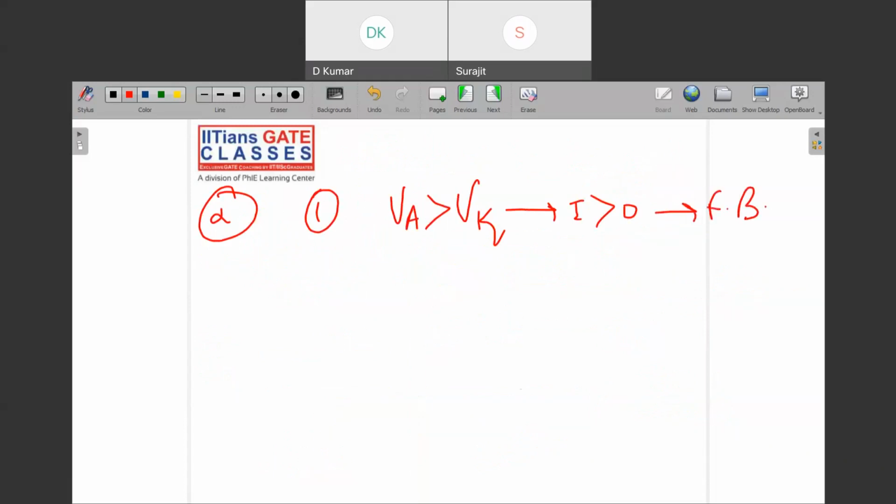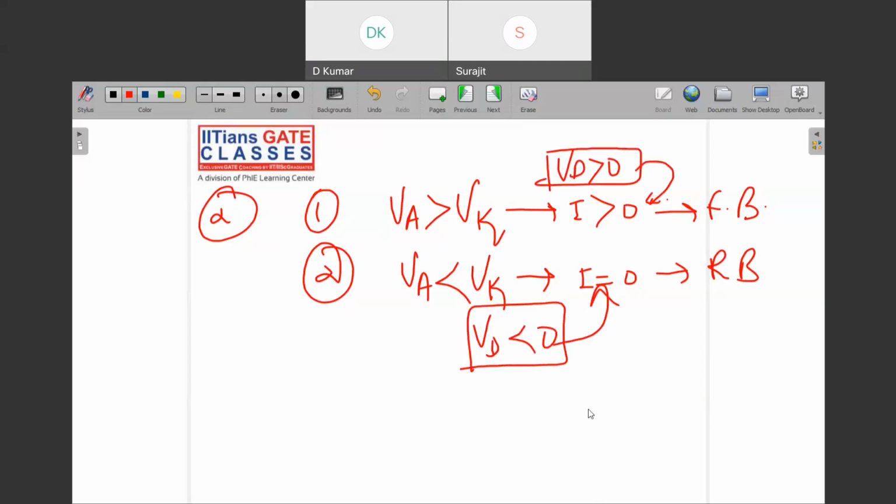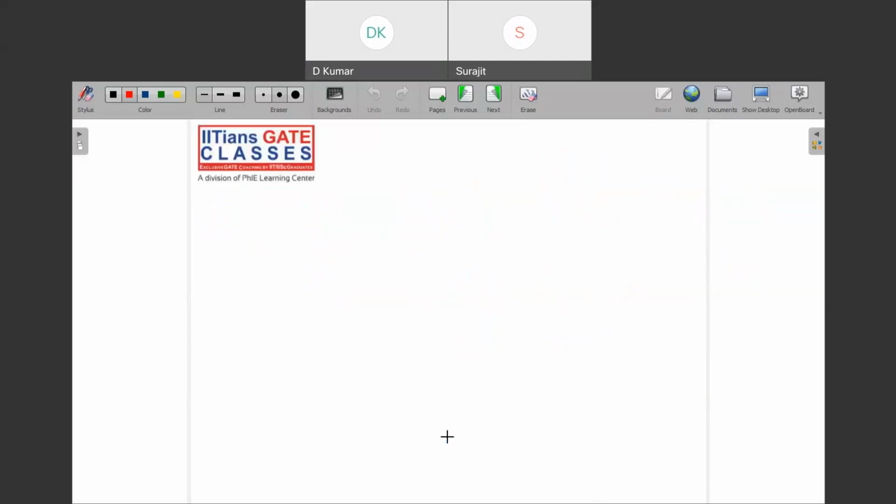And the second one is if VA is less than VK, then the current will be zero, and this is reverse bias, or you can say that the voltage across the diode is negative. If the voltage across the diode is positive, then the first will happen. That is the basic requirement and nothing else.